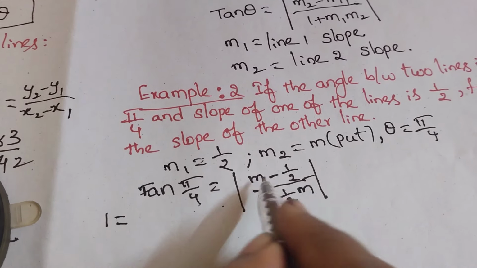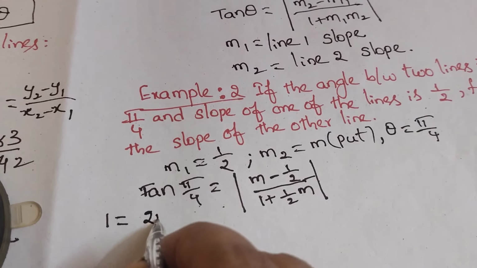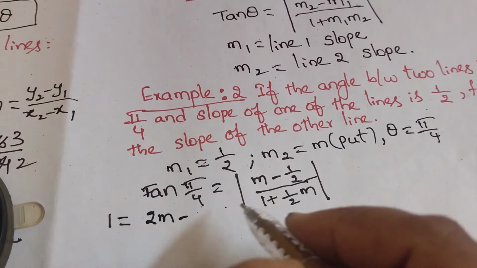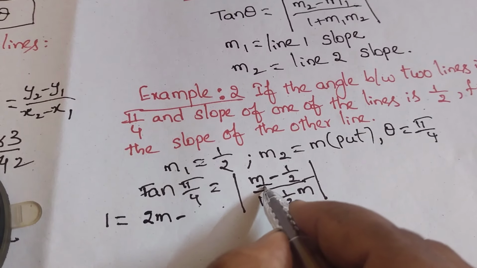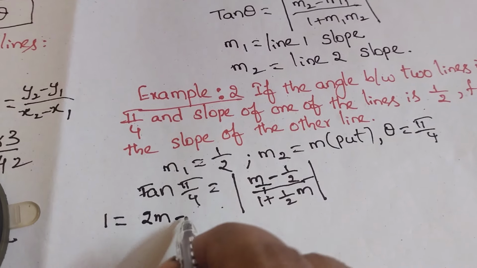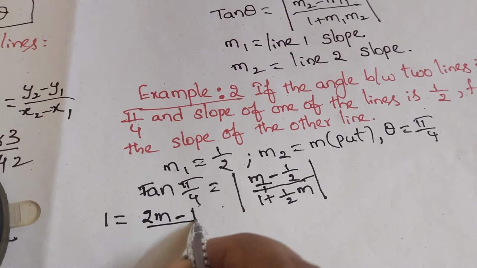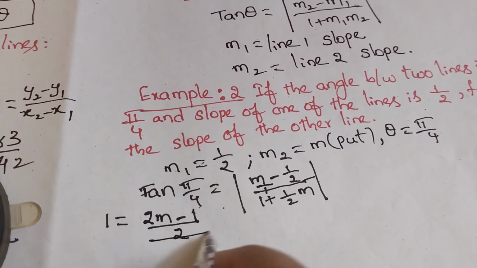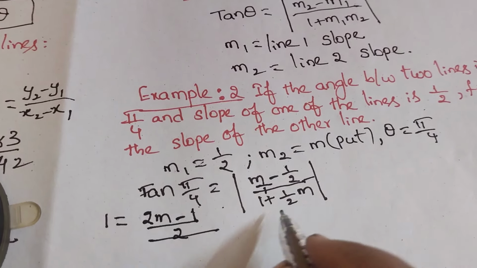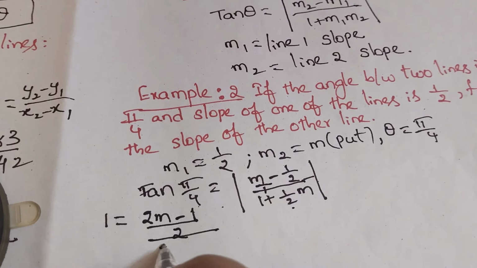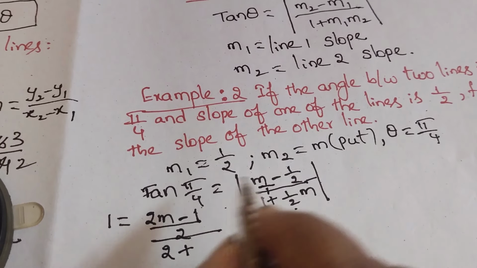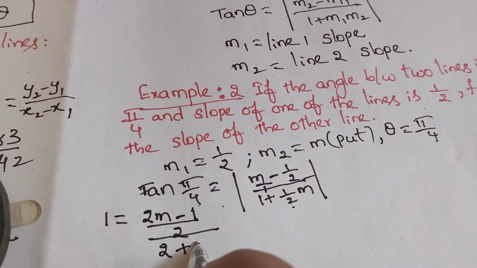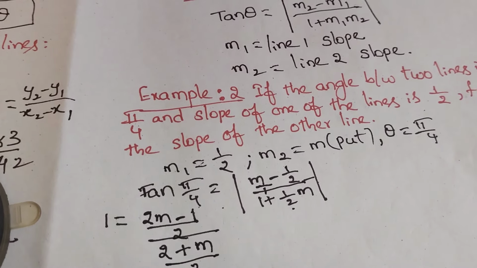So right here 1 is equal to, now cross multiply m into 2. Here 2 into m is 2m minus, here nothing is there, so we consider 1. 1 into 1, 1 divided by 2 into 1, that is 2 whole divided by 2 into 1, 2 plus 1 into m divided by 2.